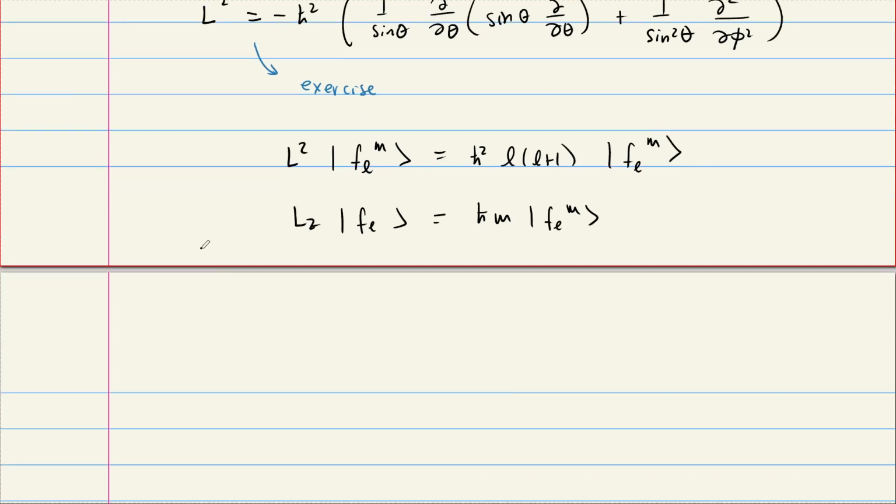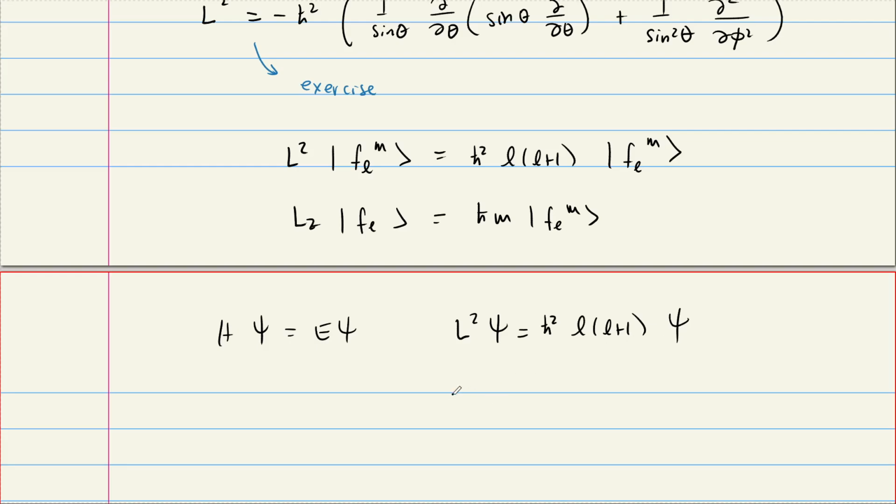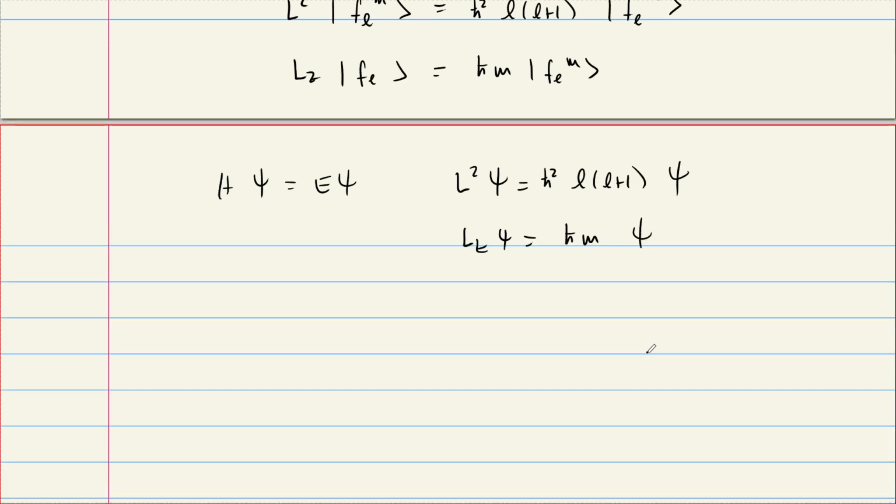Now the complete picture is like H psi is equal to E psi, right? And L squared psi is equal to this eigenvalue times psi, and Lz psi is equal to this eigenvalue. And the Hamiltonian can also be written in terms of this.